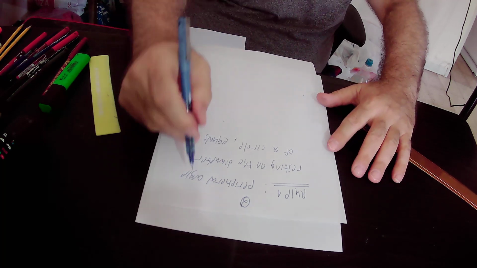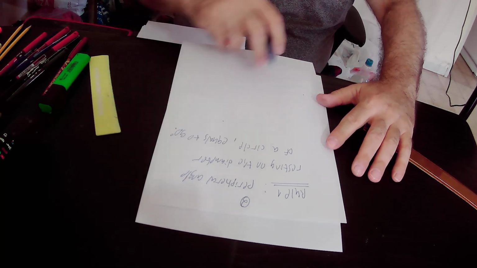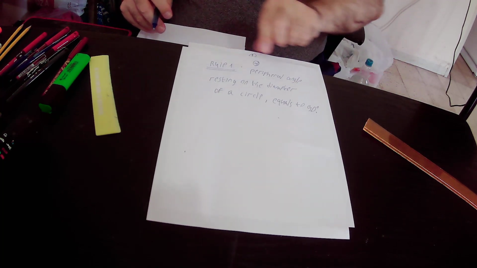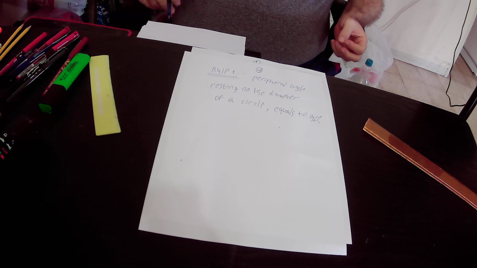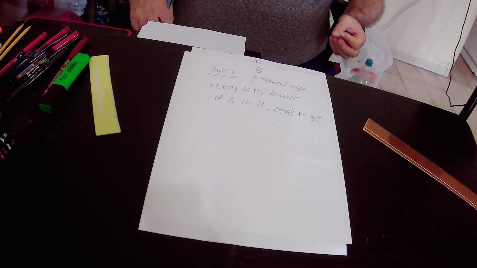So I will read rule number 1 again. Rule number 1 states that peripheral angle resting on the diameter of a circle equals 90 degrees.